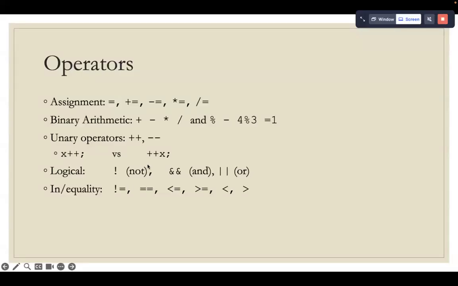All right, so we've got not, and, or. Inequality works the same as Python. The exclamation point equals is not equals. The two equal signs test for equality. I think that was also in Python. Then less than or equal to, greater than or equal to, less than, greater than, all standard.